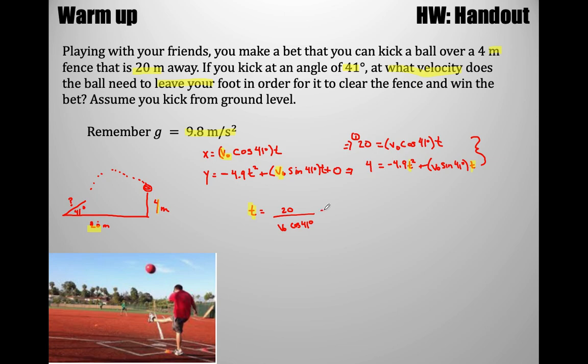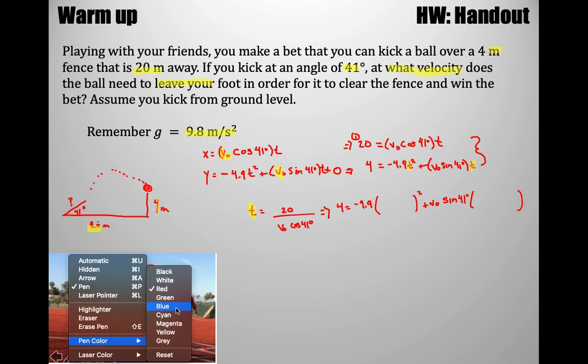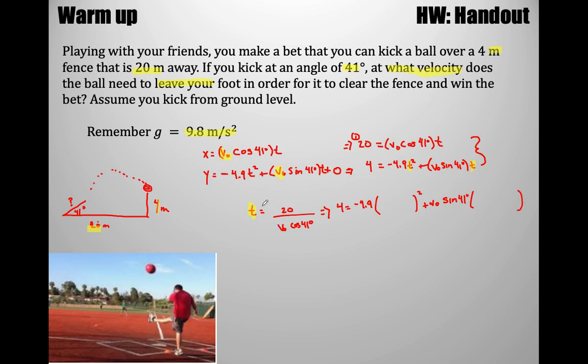So from here, I'm going to say 4 is equal to negative 4.9 t squared plus v sub o sine 41 t. And in for t, I'm going to put this.